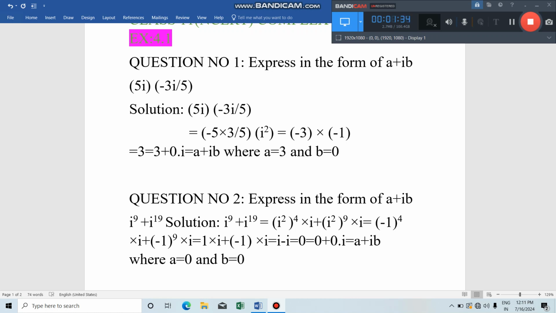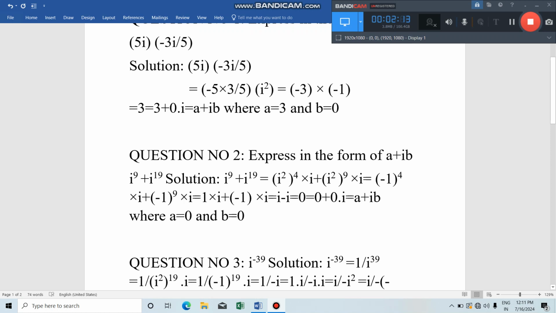Now i square equals minus 1, so minus 1 whole power 4 into i plus minus 1 whole power 9 into i. Minus 1 whole power 4 will give 1 into i, plus minus 1 whole power 9 will give minus 1 into i. So i minus i equals 0. We can write it in the form of 0 plus 0 into i equals a plus ib, where a will be 0 and b will also be 0.